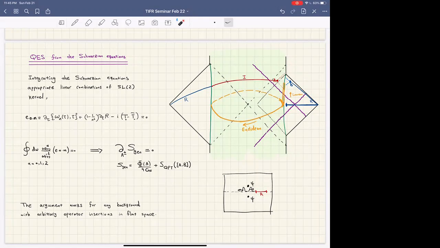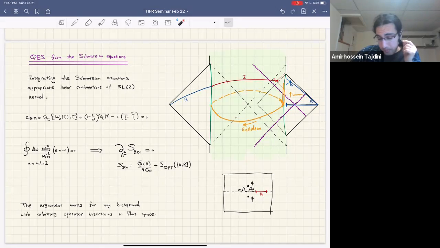Presumably you would take some limit in which it factorizes, or what happens? Yeah, great. What will happen is they will factorize. When you look at this problem at very late time, and this region R is at very late time, they effectively factorize, and you can just use the factorized answer.